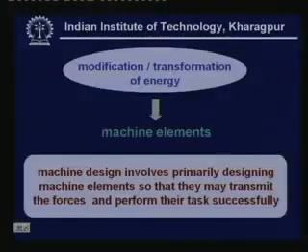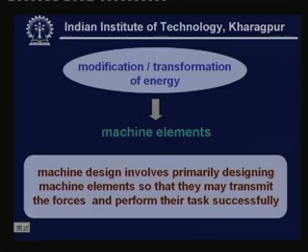So what we understand, once again, you can look at that particular slide where it has been given in the form of a picture which says a modification transformation of energy. That is what I told you, utilize the machine elements. So, these machine elements are our primary duty, which have to be designed.